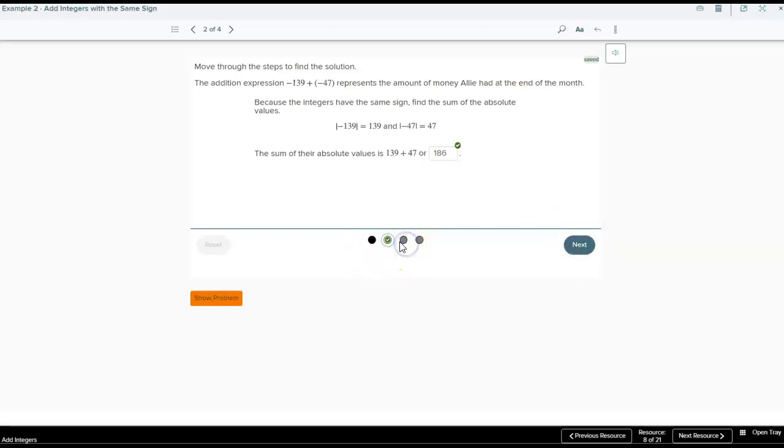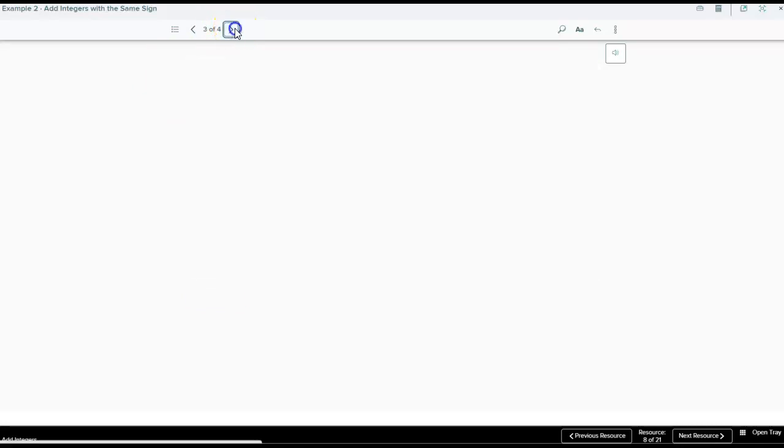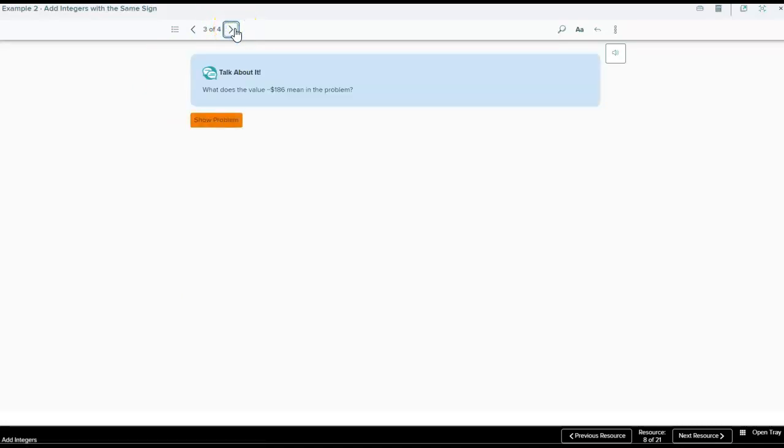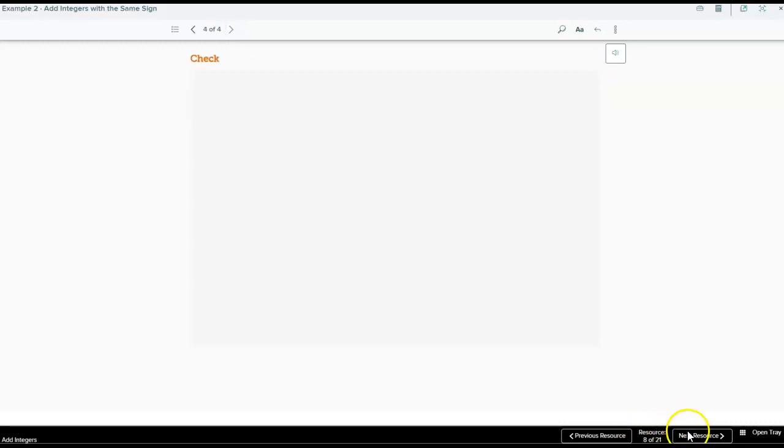But because they're both negative amounts, the answer is going to be negative. So negative 186 means that she actually owes $186 here.